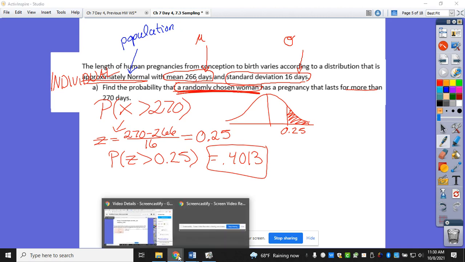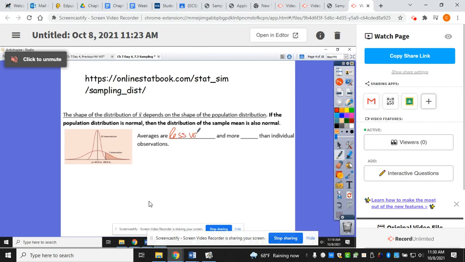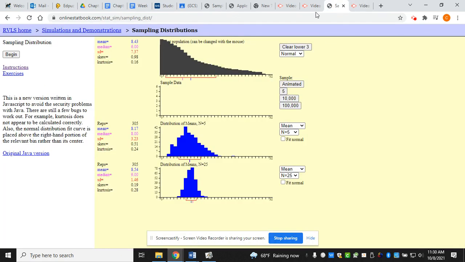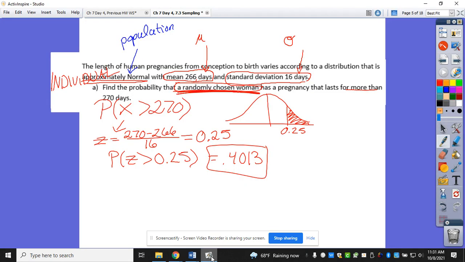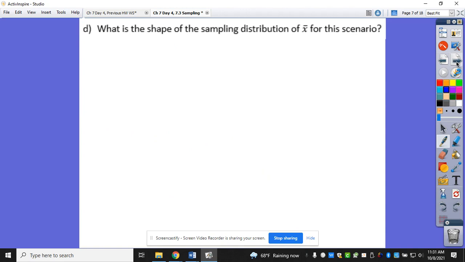Well, that goes back to what we just did with this example. When this one looked like that, what happened regardless? It stayed similar. So if our population distribution originally was told to be normal, then we're also going to be able to use a normal approximation here.